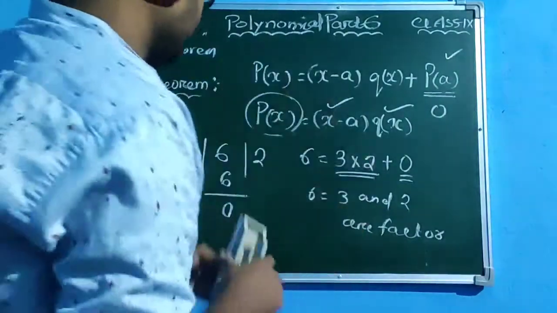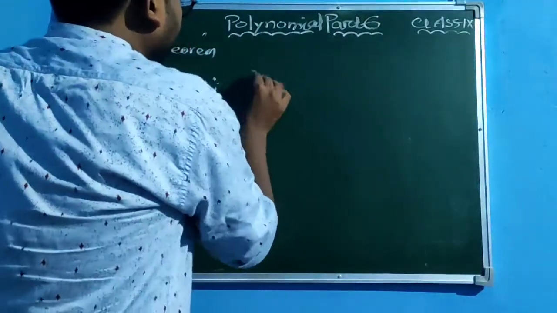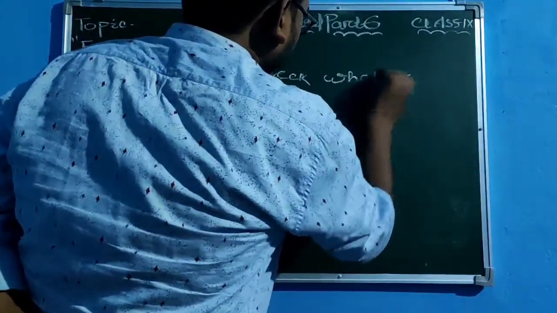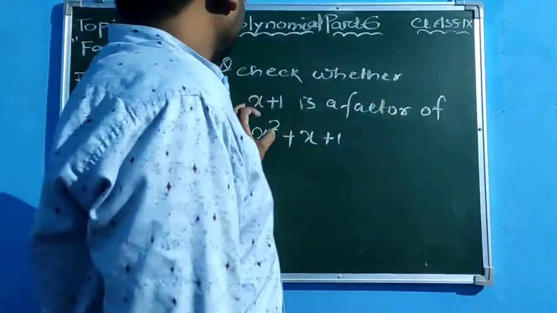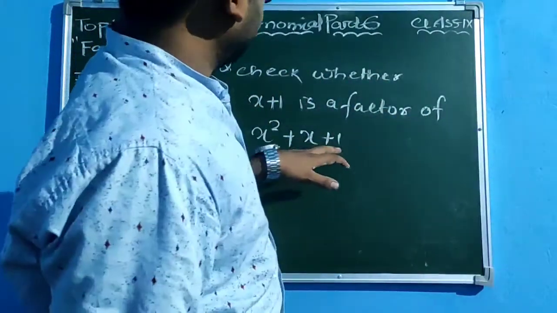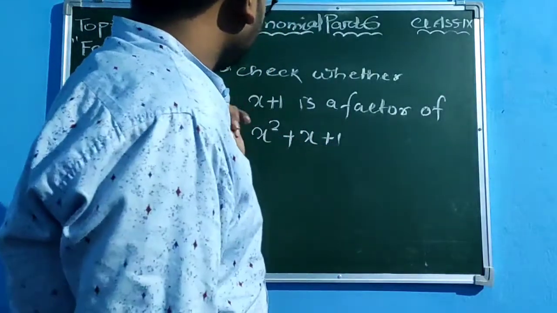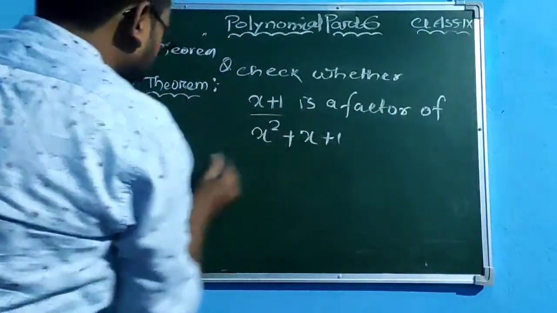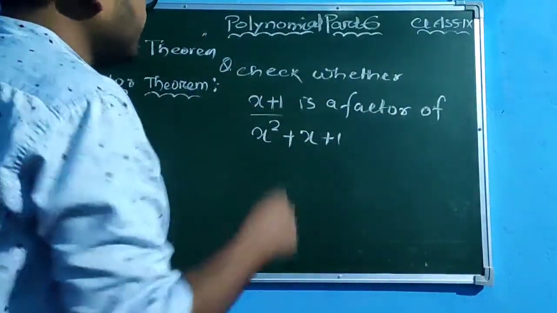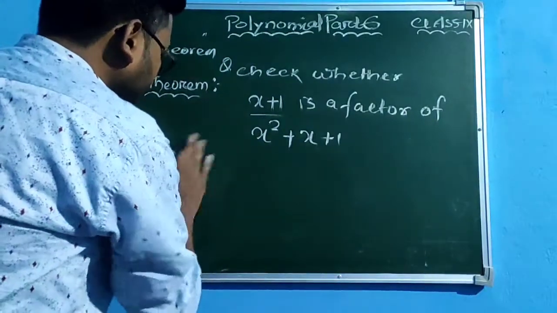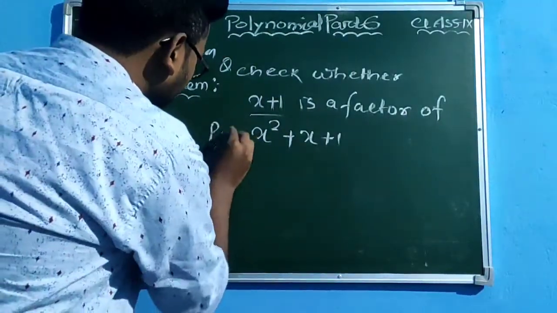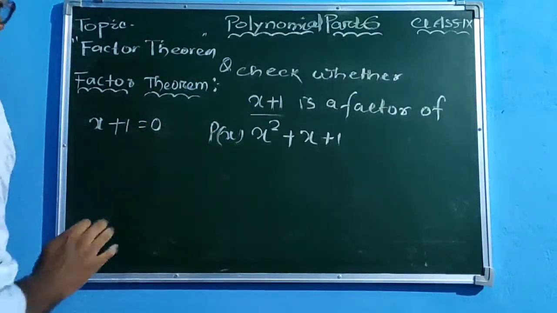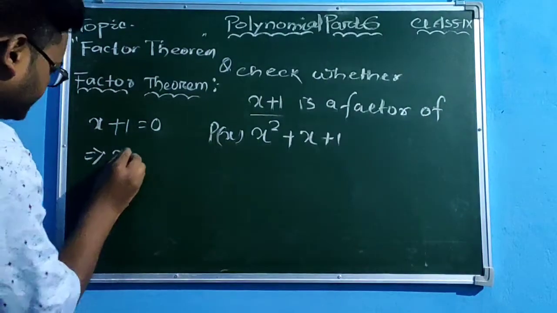We'll check whether x plus 1 is a factor of x square plus x plus 1. हम लोग चेक करेंगे x plus 1, x square plus x plus 1 का फैक्टर है कि नहीं. Now look, first of all we will calculate p(a). Here p(x) is equal to this much, and in order to know a we just equate it: x is equal to minus 1.